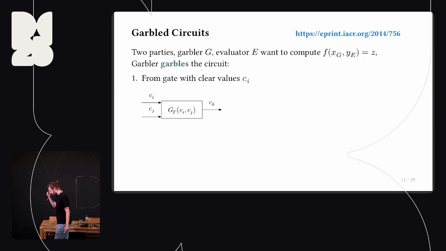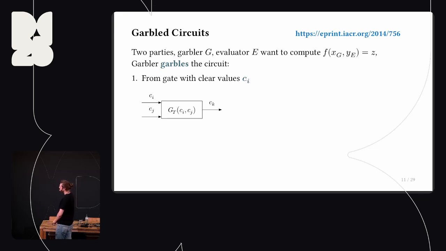So now we have had a look at OT, and now we need to talk about garbled circuits. Garbled circuits is a general purpose MPC protocol. That means you can compute any function with it. And especially you want to use it if you are in a binary context, just 0 and 1, because then it's pretty efficient. Especially we don't use it for large prime fields, because then it becomes very inefficient.